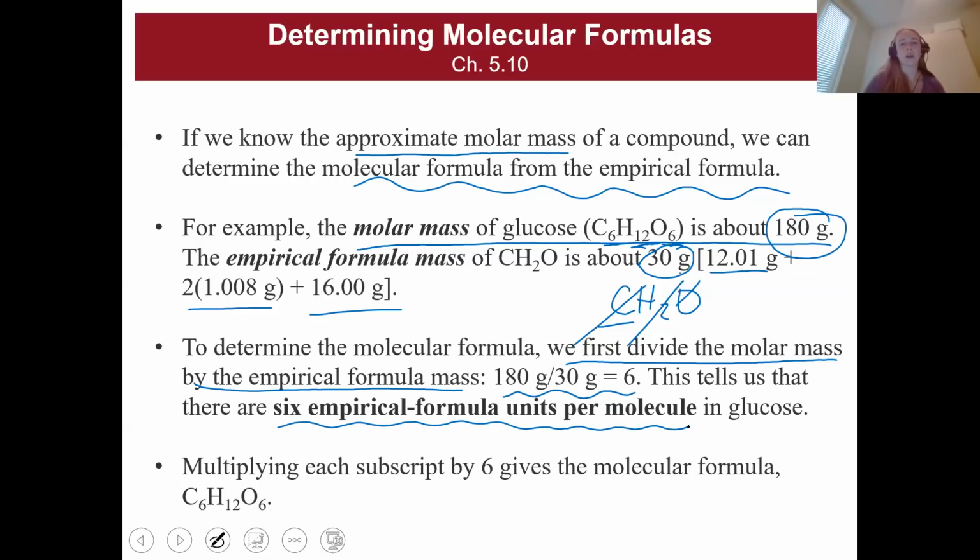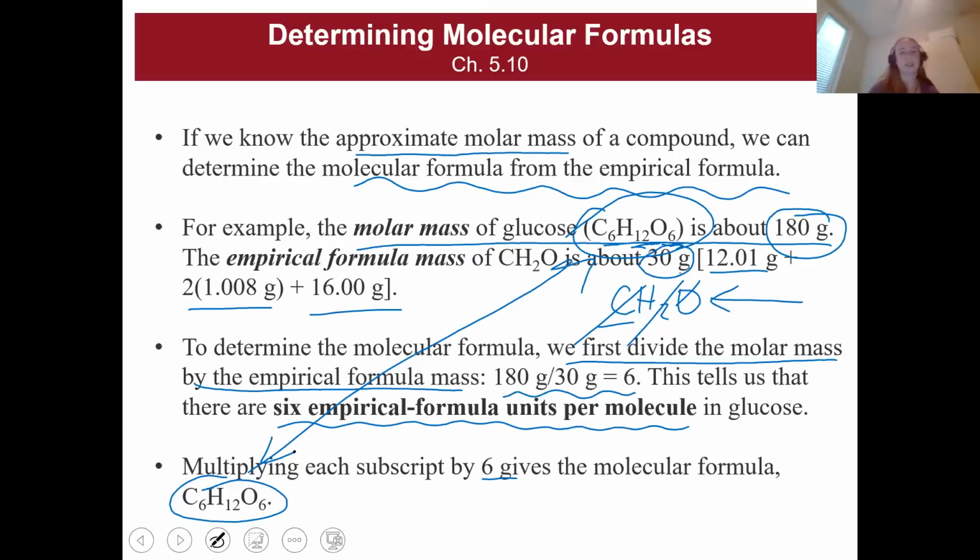So we can have 6 multiples of this empirical formula in one formula unit of the molecular formula for glucose. So we multiply each subscript by 6, and that gives us the molecular formula of glucose, if we were pretending that we didn't know what it was. Okay, cool.